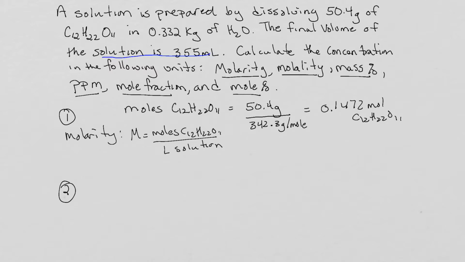So 355 milliliters equals 0.355 liters, right? To go from milliliters to liters, we're going to divide by 1,000. Or if you want to, we need to remind ourselves of how to do that.